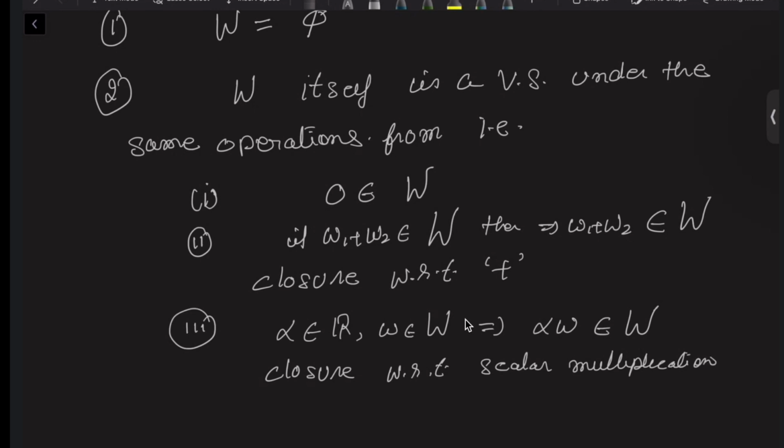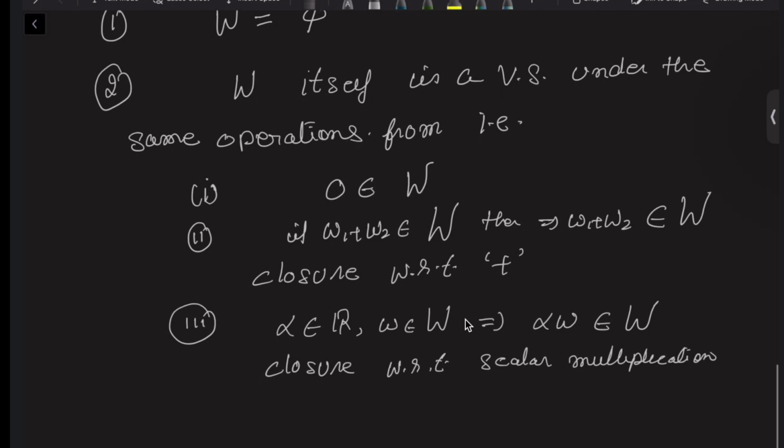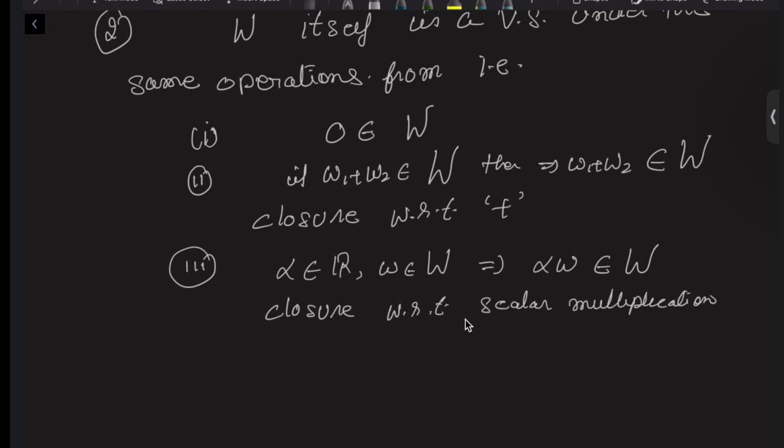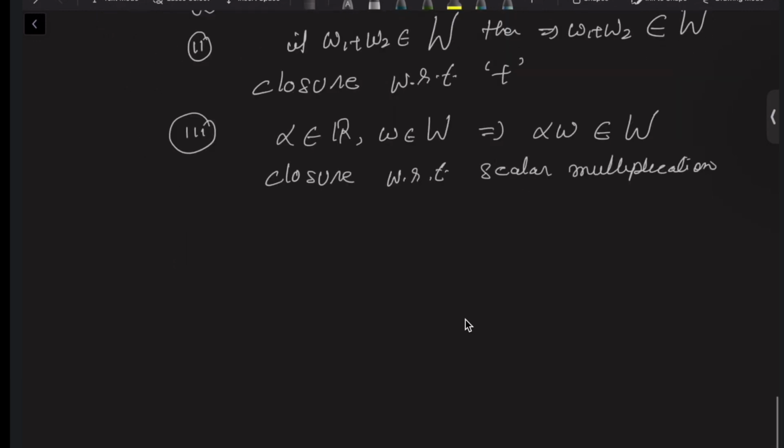So if any subset of the vector space V satisfies these 3 properties, we will say that this set is actually a vector subspace. The benefit is that we do not actually have to check all those 8 properties for a vector subspace. Now to make this clear, we will see some examples.